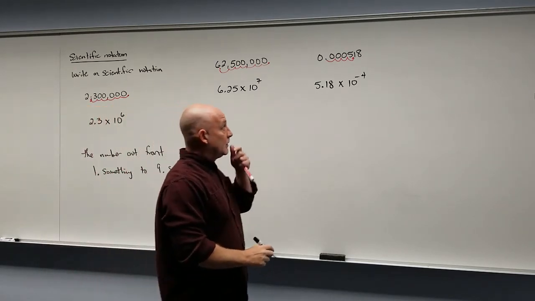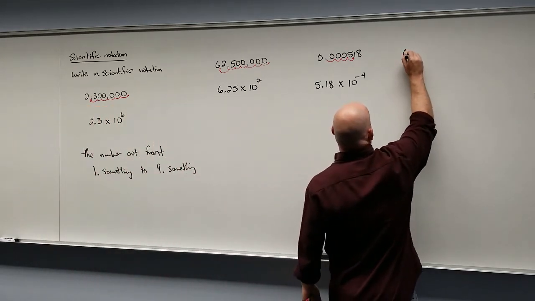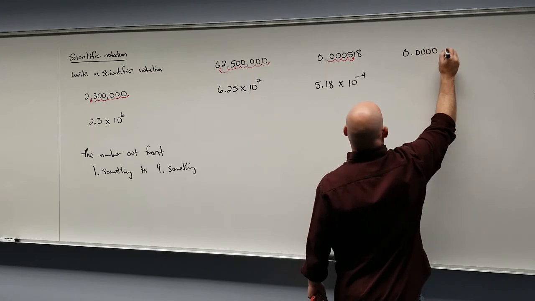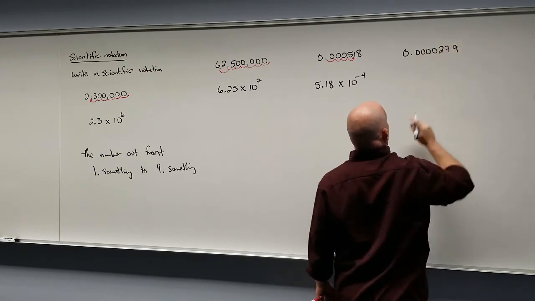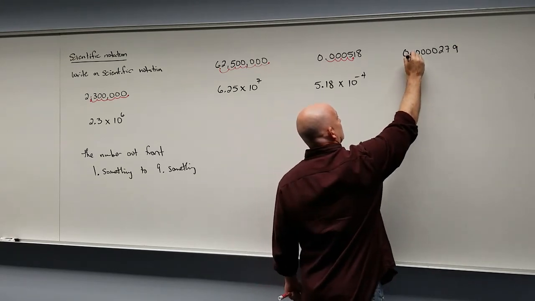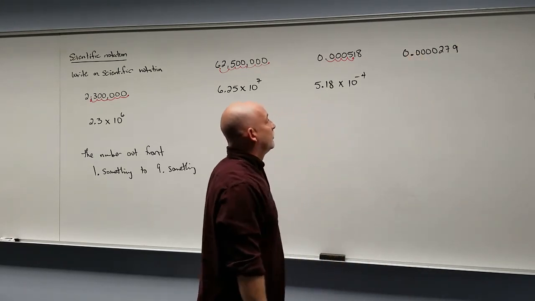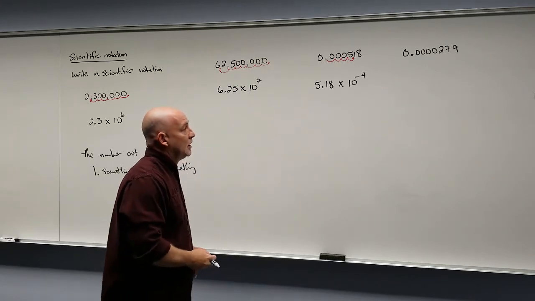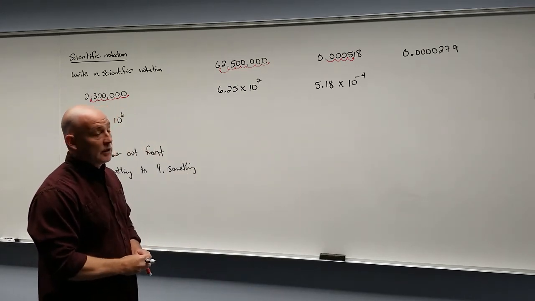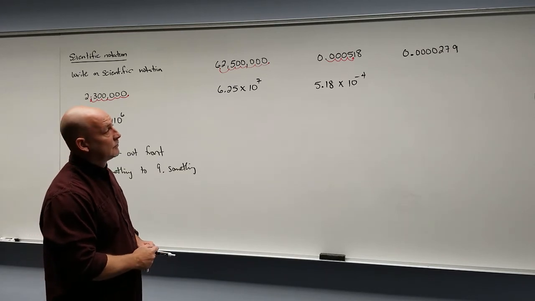All right, let's see how you do here. Give you all one of these. 0.000279. Hit pause and see if you can write this number in scientific notation.